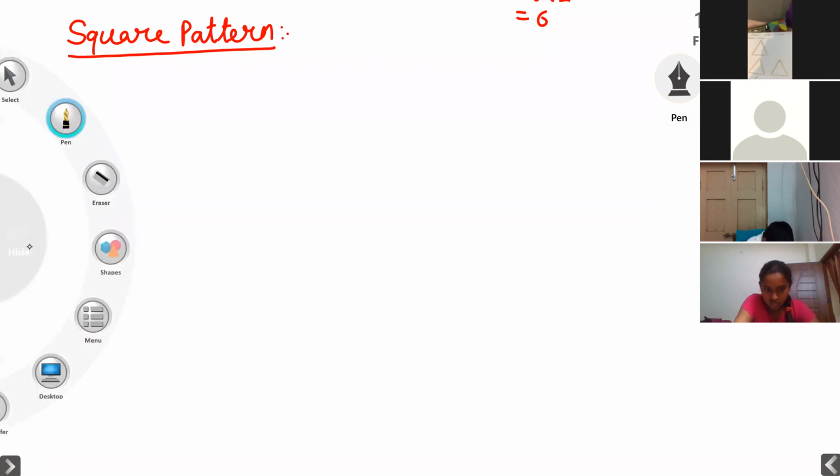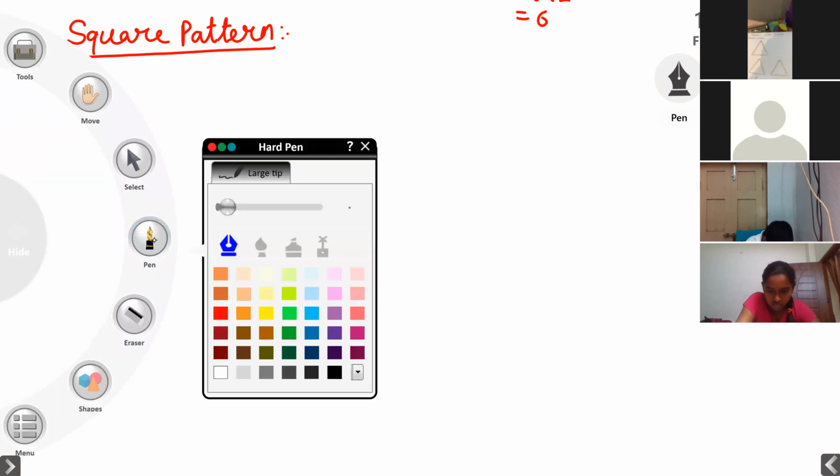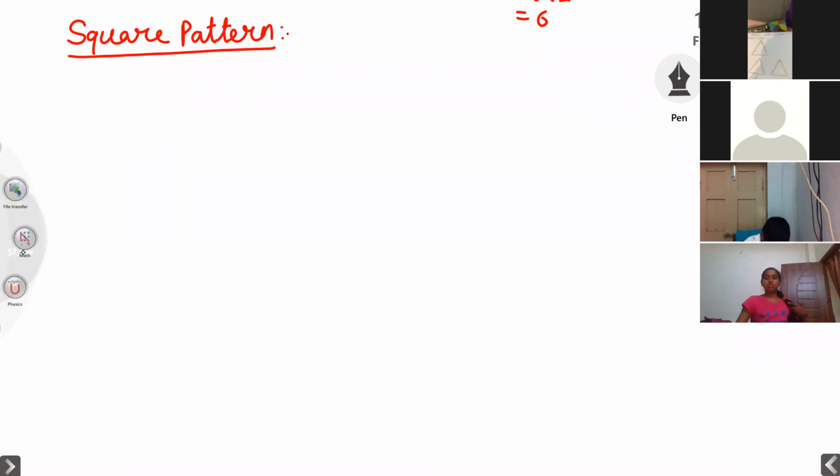Now we are going to generalize the square pattern. How will I draw one square? With the help of how many toothpicks? 4 toothpicks. I have to draw 4 toothpicks.